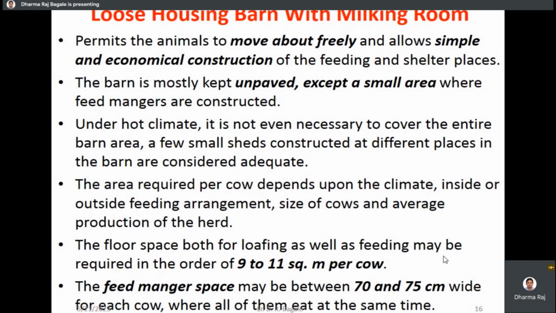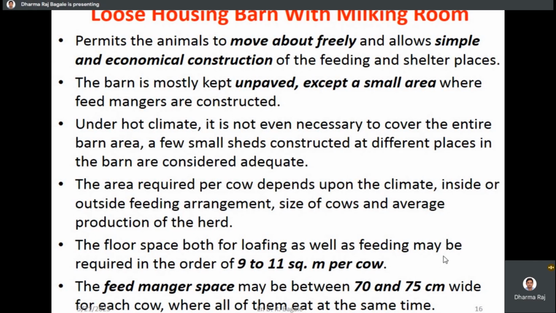So for that purpose, 70 to 75 centimeter width of trough for each cow. You have to count how many cows are there in your farm, and based on that, the water trough or feed trough should be sufficiently long, and you will keep a number of these troughs, so that every cow can eat at the same time.